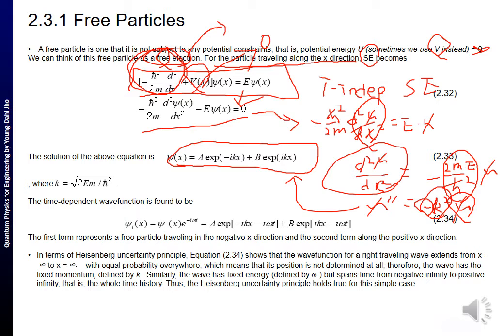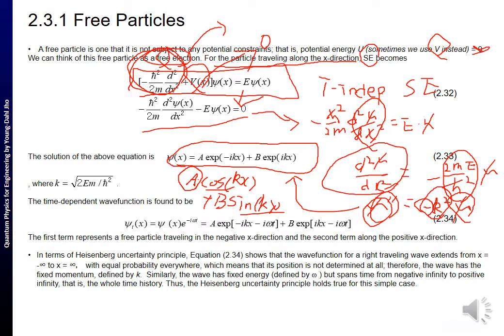It has a negative sign here, so the general solution could be this one, or sometimes you can set it to be a cosine kx plus b sine kx, because both cosine and sine functions give minus k square under the second derivative operation.